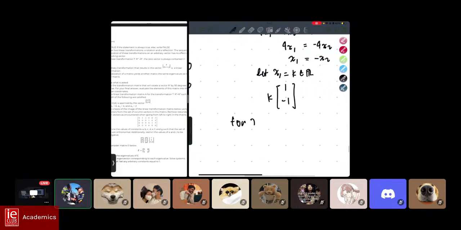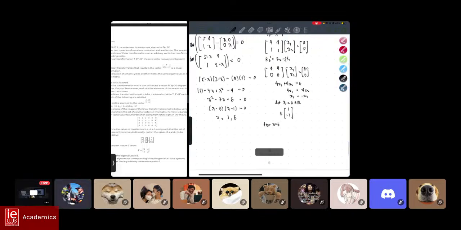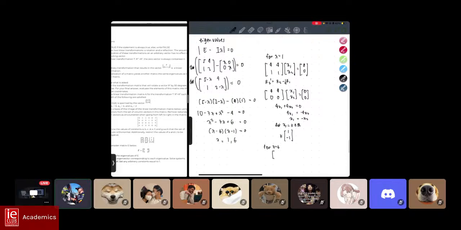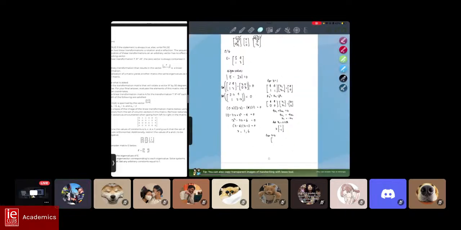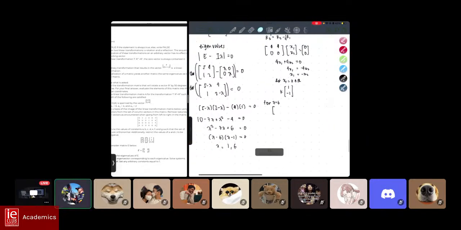For lambda equals 6, wait, I'll preemptively move. Yeah. For lambda equals 6, we have 5 minus lambda, so negative 1, 4, 1, and then 2 minus lambda, so negative 4. Yun. X sub 1, x sub 2.